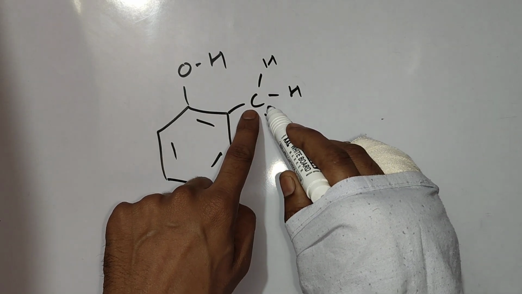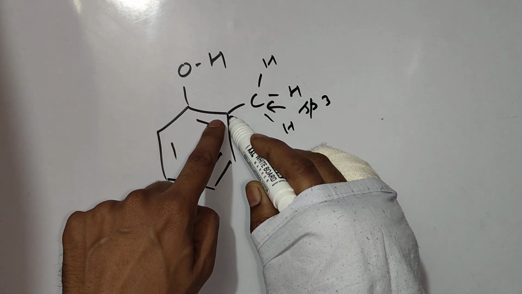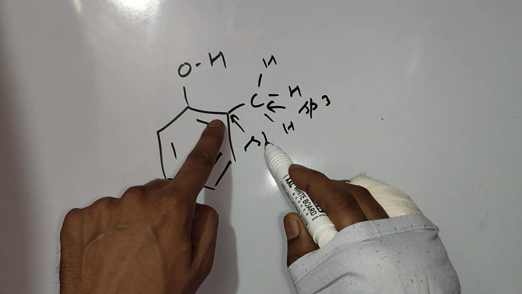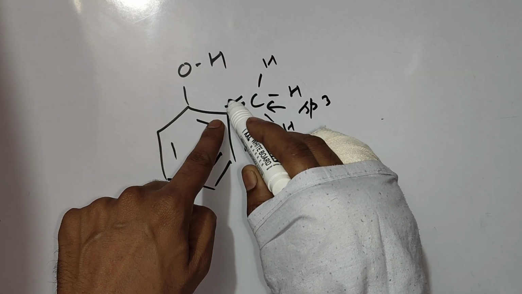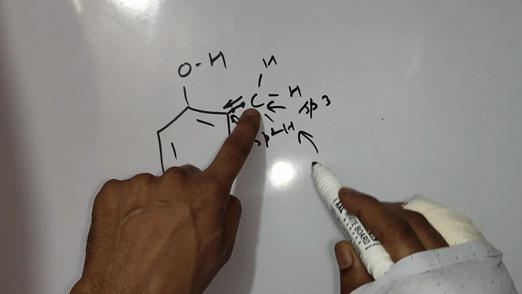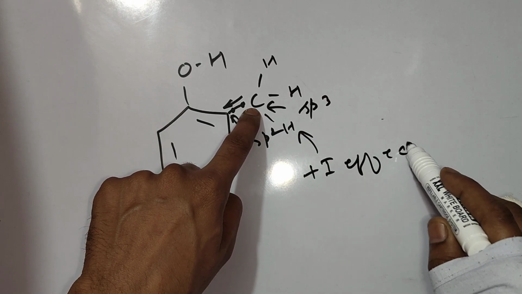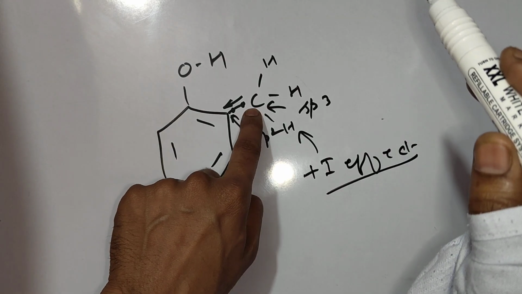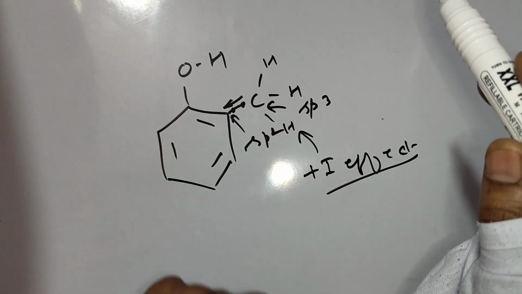Now in the methyl group, what hybridization does this carbon have? sp3. And what hybridization does this carbon have? sp2. sp2 carbons are more electronegative than sp3. So electrons will shift toward that side. Which effect is this group going to show? Plus I effect, because after movement of electrons, it is getting a positive charge. So we call it plus I effect. This group is showing plus I effect.